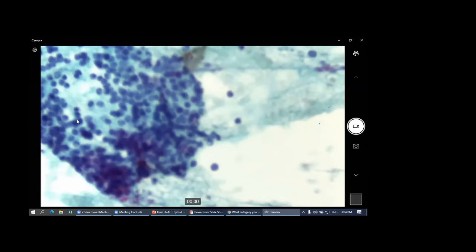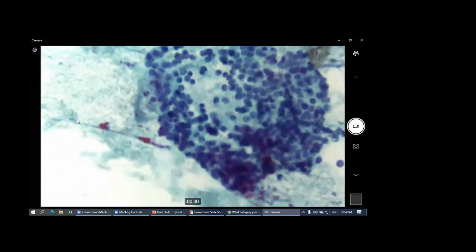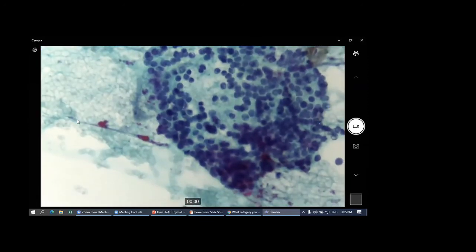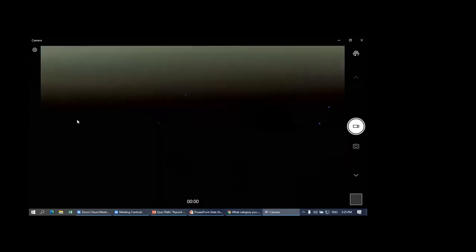You can see some overlapping there, but this is sometimes a feature in microfollicles, because you have to remember when we aspirate follicles, it's a 3D object. When we press it with the cover slip, we can see some overlapping, but this is not the overlapping of a neoplasm.